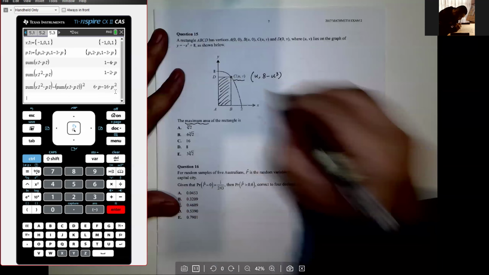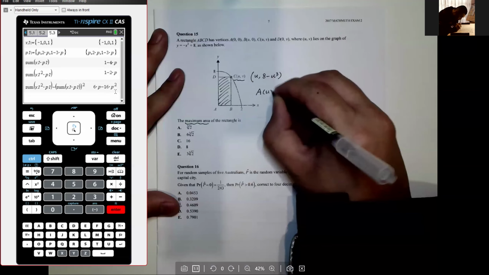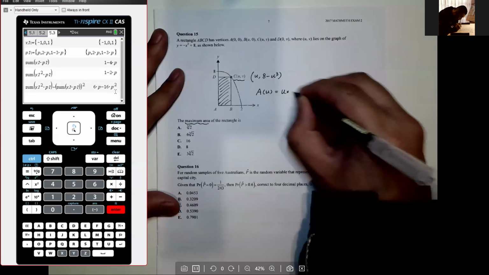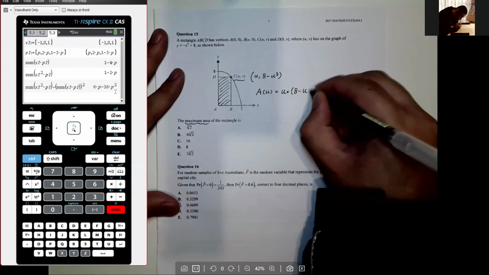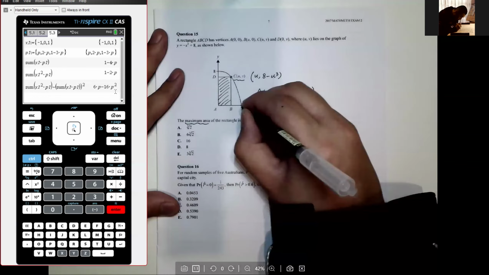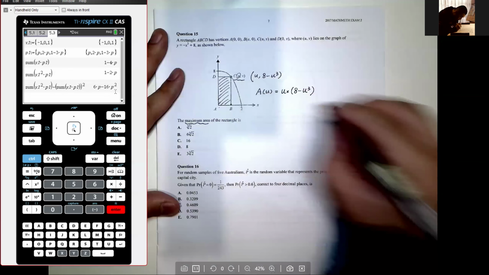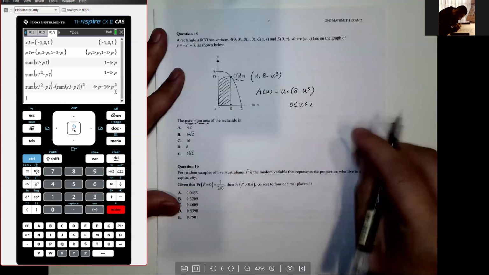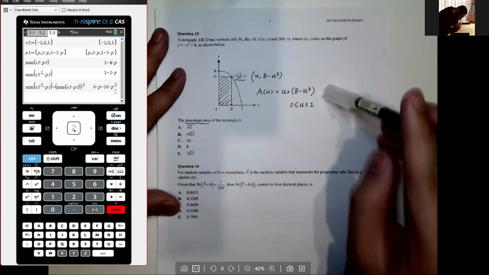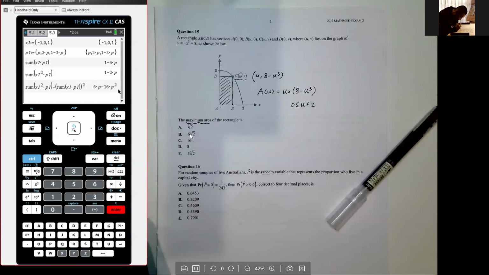The area as a function of u is base times height, u times (8 - u³). Notice that u should lie between 0 and 2, and I'm trying to maximize this quartic function between 0 and 2. But remember, you have to find the maximum area rather than the u value.